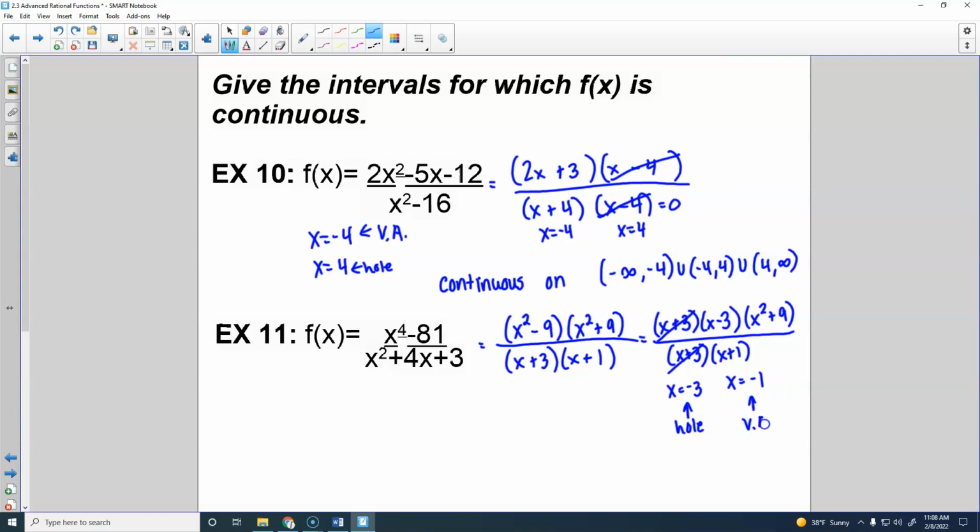This is a vertical asymptote right here. So I'm going to be continuous everywhere except for those 2 points. So I would say it's continuous on negative infinity to negative 3, negative 3 to negative 1, and negative 1 to infinity.